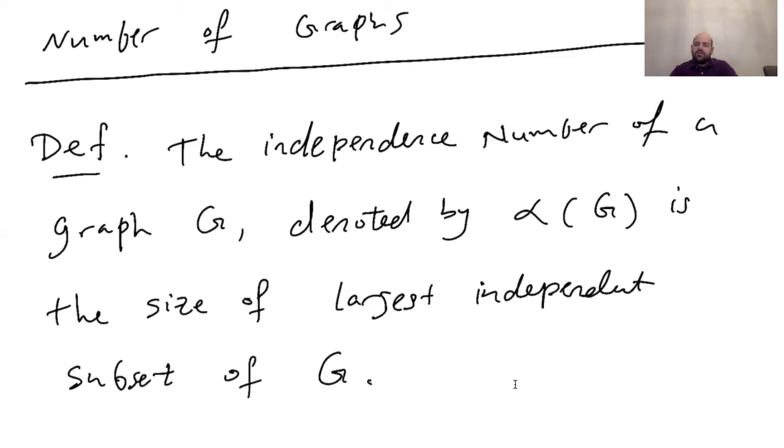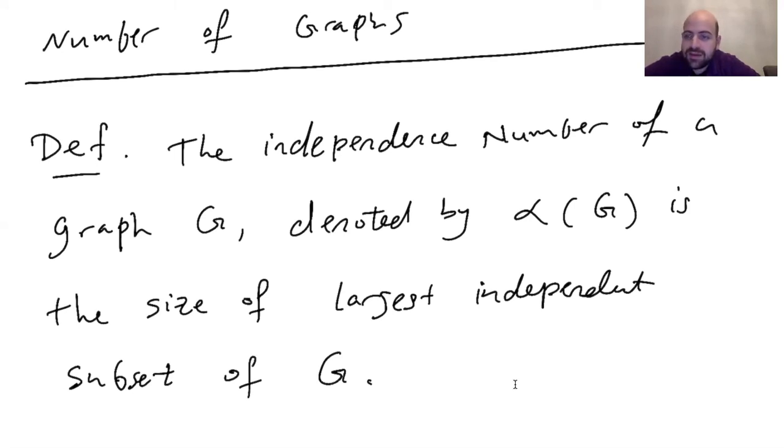So basically, what is an independent set? An independent set is the opposite of a clique. We saw that a clique in a graph means basically a complete graph inside the graph, where any two vertices are connected to each other with an edge. But an independent set is the opposite.